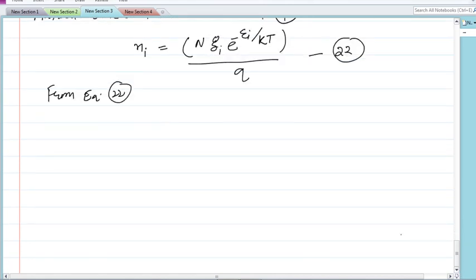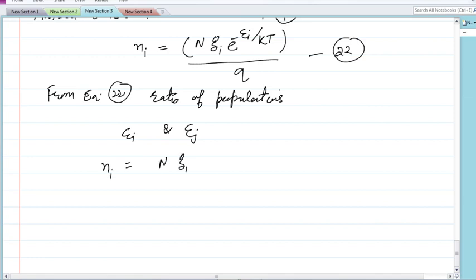If sometimes a question is asked on the ratio of populations, we can transform equation 22 as follows. Suppose we have numbers of particles in any two energy levels, represented as ei and ej. Suppose the first is ni, simply equal to n gi e raised power minus ei upon kt, whole upon q.